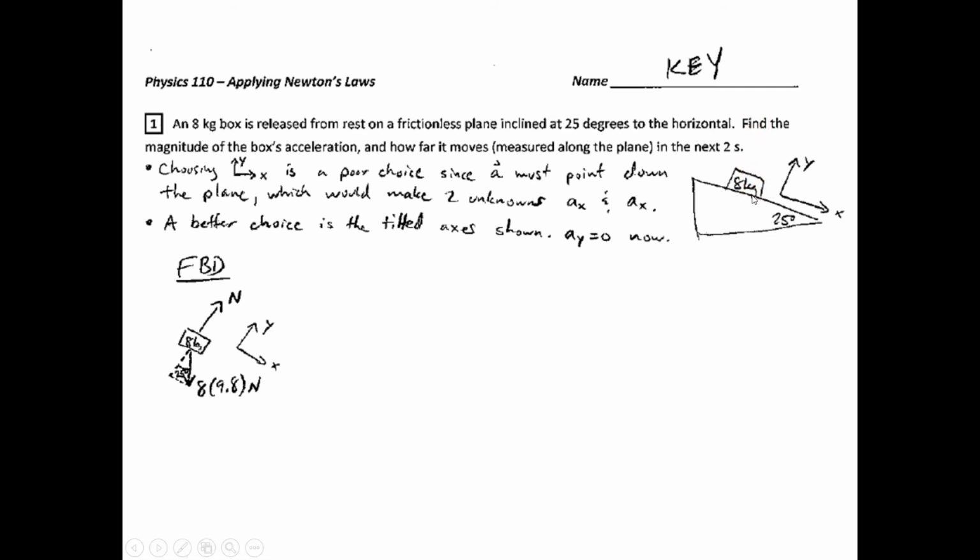In other words, the plane's got to push on the box. If the plane weren't pushing on the box at all, the box would just free fall straight downward. It doesn't do that, and the reason it doesn't do that is because there's a force acting perpendicular to the plane direction. Even though there's no friction, it can still push in the direction exactly perpendicular to the motion.